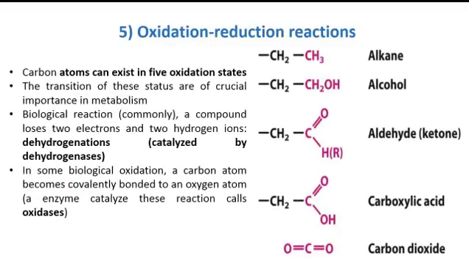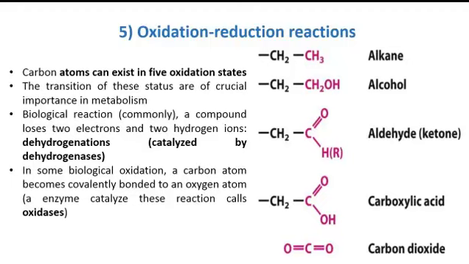Carbon atoms can exist in 5 different oxidation states, and the transition of these states is very important in metabolic reactions. In many of the biological oxidation reactions, a compound loses 2 electrons and 2 hydrogen ions. These reactions are commonly called dehydrogenation reactions, and the enzymes which catalyze these reactions are known as dehydrogenases.